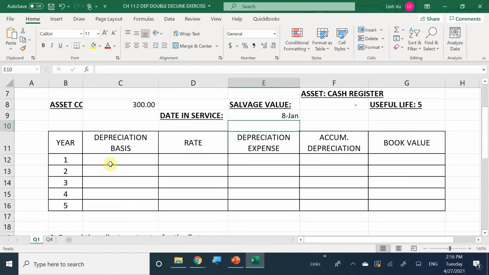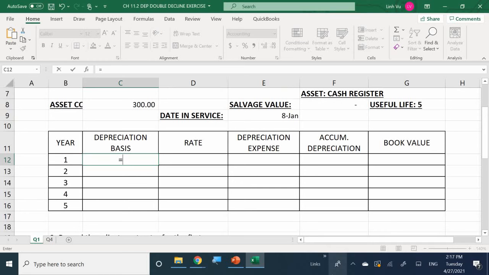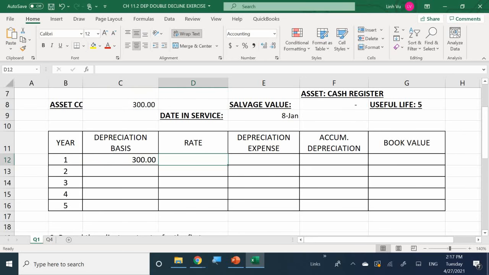Okay. So let's go ahead and determine what the depreciation basis is going to be for this. Well, you would start with your asset cost of 300. So here, my beginning of the year book value is going to be 300. Right? What about my rate? 40%.